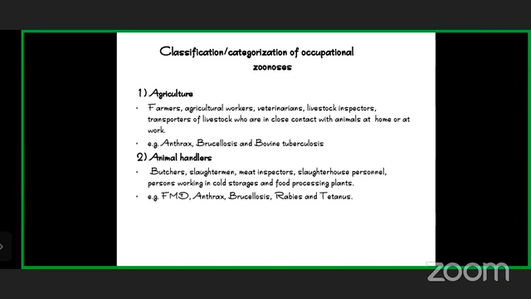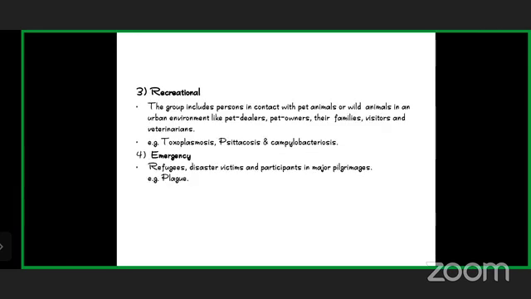And with the further classification, recreation. Being humans, we are all associated with animals, to be precise, domestic animals. Particularly pets, for recreation purposes.